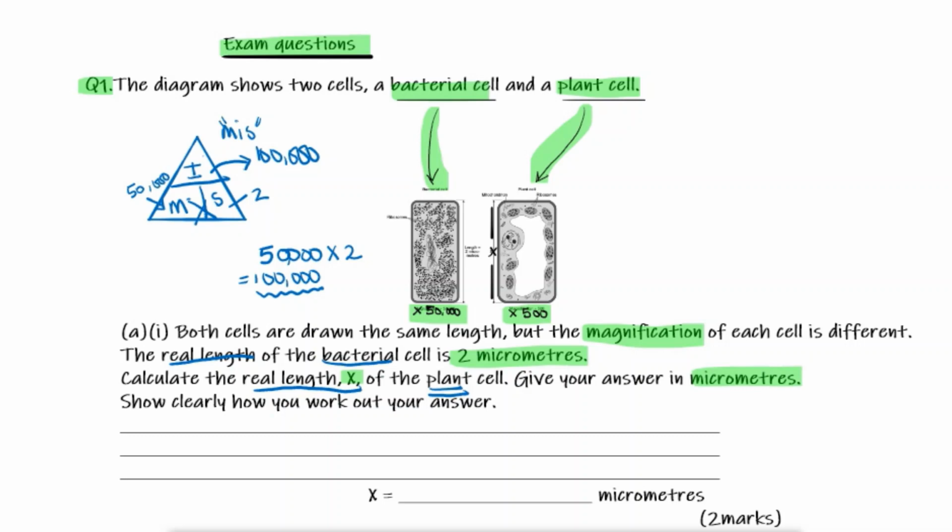Now we use the triangle method again. Now we have the image, which is 100,000, and we have the magnification, which is times 500.